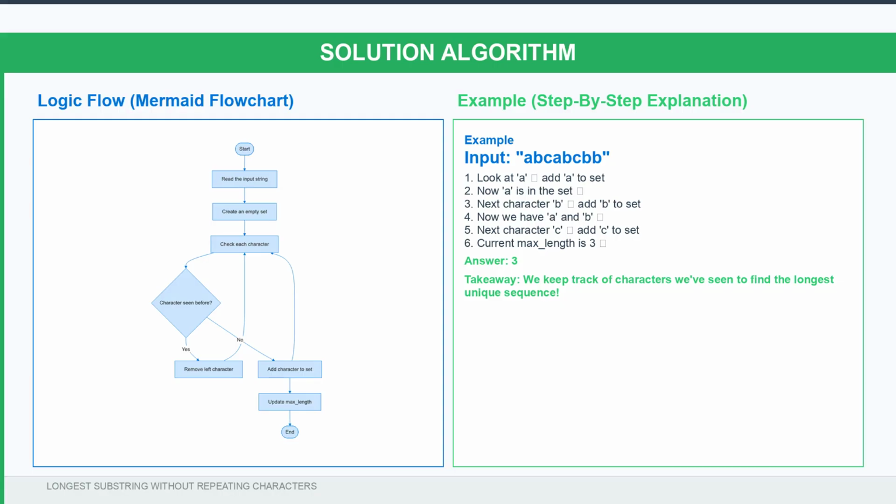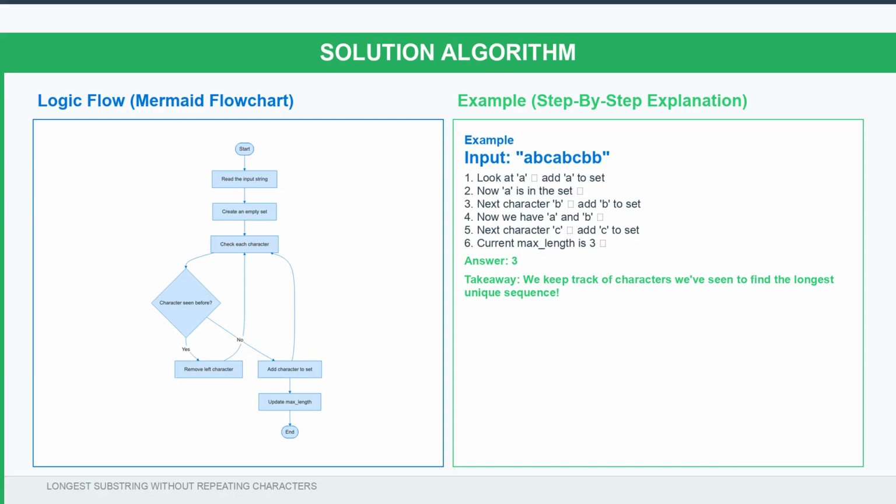Next, we loop over the string using a variable right, which represents the end of our substring. If the character at sRight is already in charSet, we have a duplicate. This means we need to move our left pointer to the right until there are no duplicates. After ensuring the character is unique, we add sRight to charSet and calculate the current length of our substring.